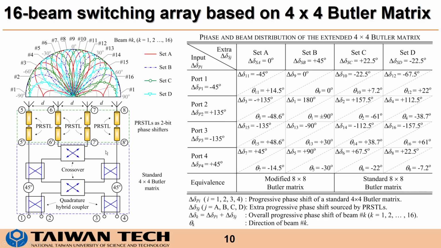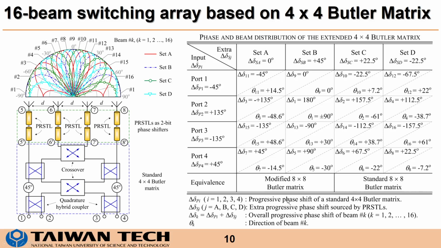And then when the Butler matrix is cascaded with the PS STL line, which is a type of synthesized transmission line that we developed, and is a 2-bit phase shifter, we can produce more output phase differences that we denote here, and we separate them into 4 sets: set A, set B, set C, and set D. And in total, we can get 16 beam switching patterns.